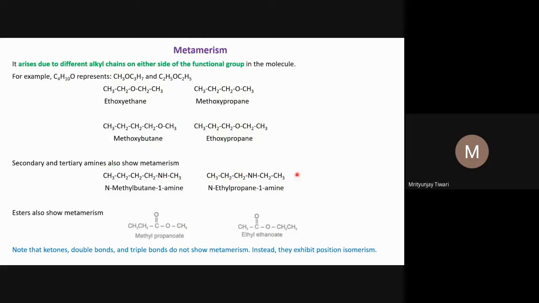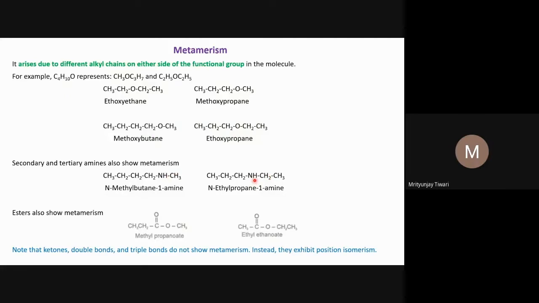The molecular formula of both the compounds is the same. Let me calculate: 1 2 3 4 5 carbons, and hydrogens are 3 plus 2 plus 2, 2 to 4, plus 3 is 7, plus 2 is 9, plus 1 is 10, and this is 13. So this is C5H13N, or one can write C5H12NH.